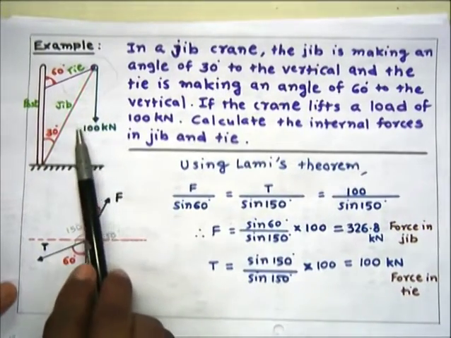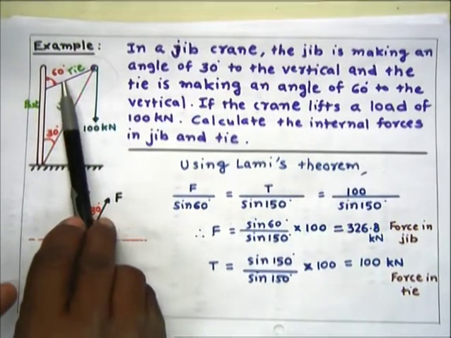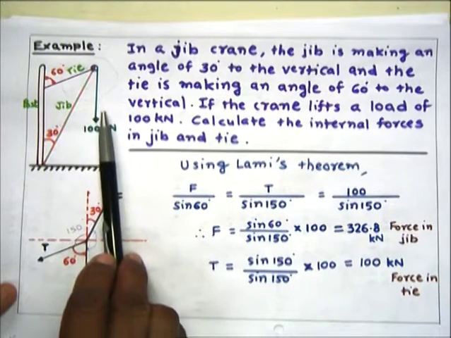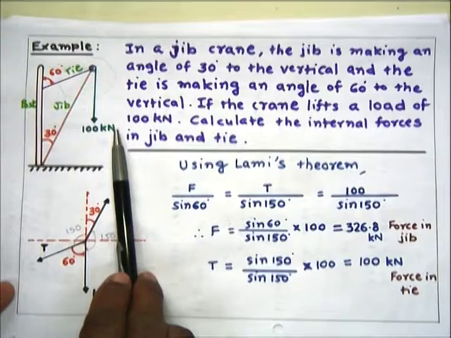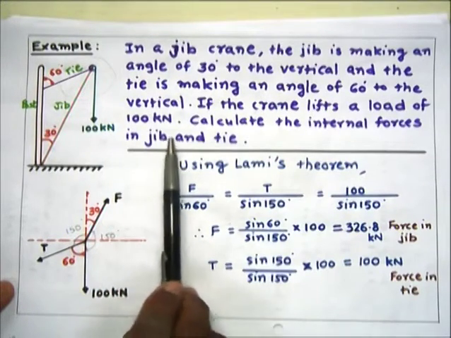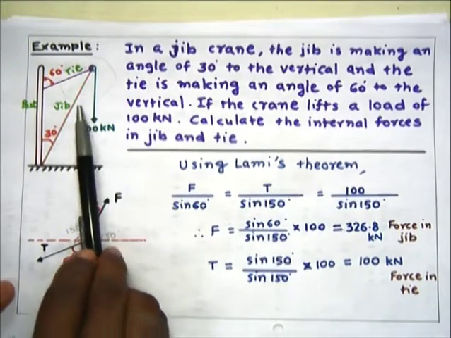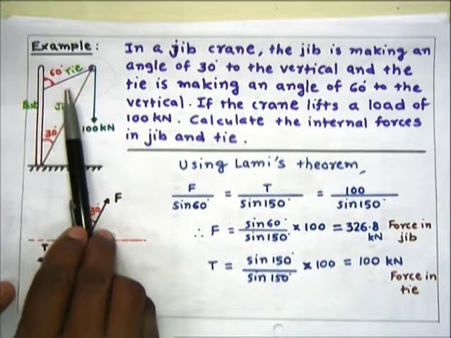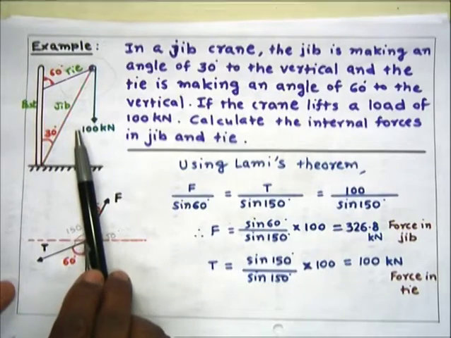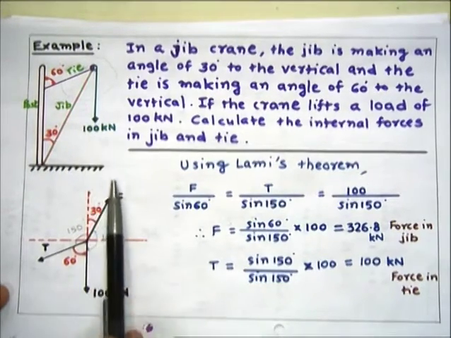So here this is the jib and this is the tie, and here a weight of 100 kN is hung. We are asked to find the forces, that is, this is the tie, in which there is a tension coming, and this is the jib in which a compressive force is coming.